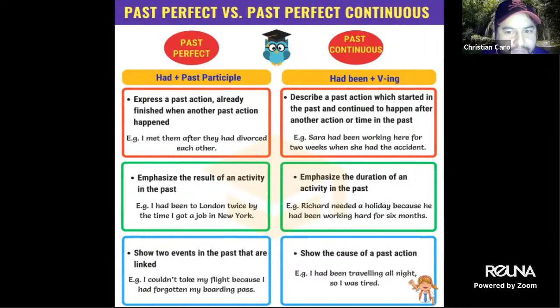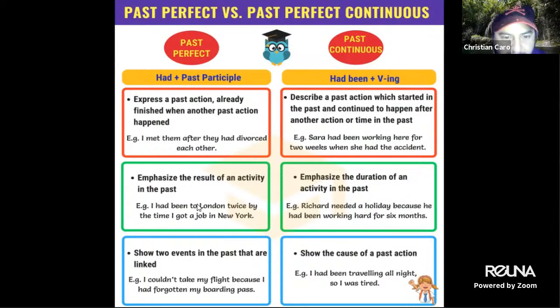And then after, while that was happening, there was an accident, right? So pretty much like the accident interrupted the process of work in this case. So different from past perfect simple.